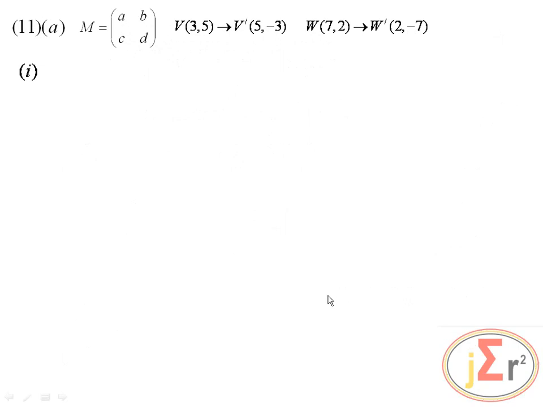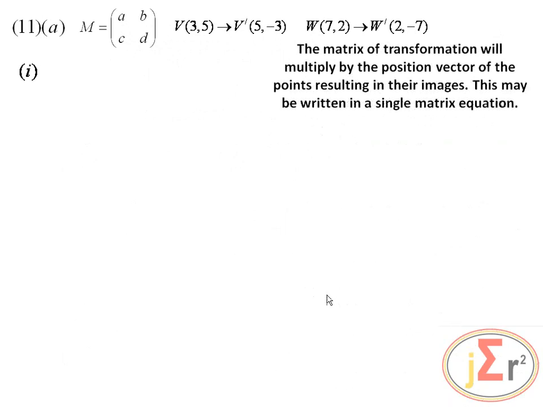Here we have a particular matrix of transformation, and we have points that the matrix would have transformed into their images as we have them right here. The matrix of transformation will multiply by the position vector of the points, resulting in their images. This may be written in a single matrix equation.